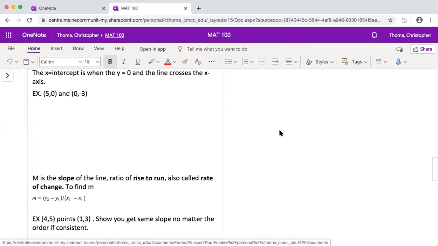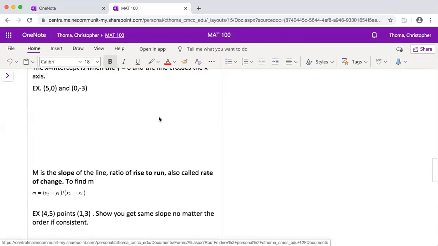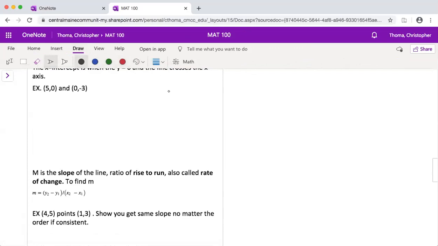So when I have 2 points, I can easily just graph them, right? If I go back to my draw and put my graph out here, with y and x, I can graph this by going over 5, up 0.